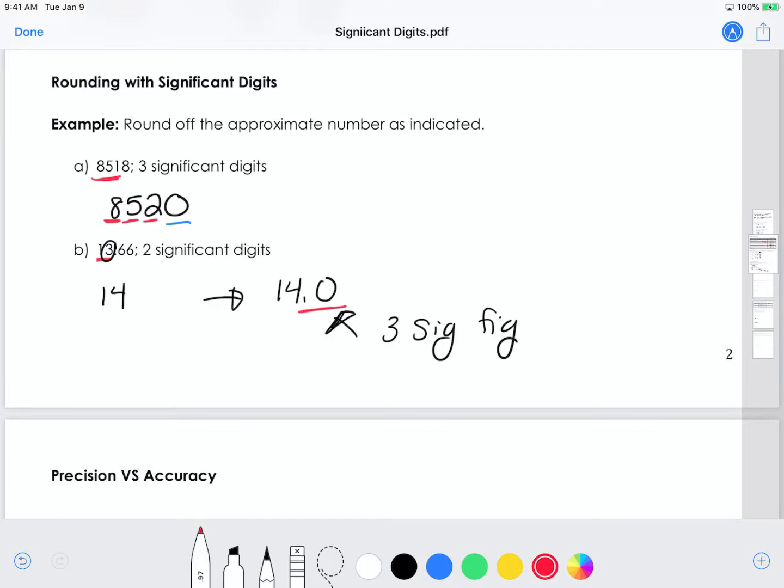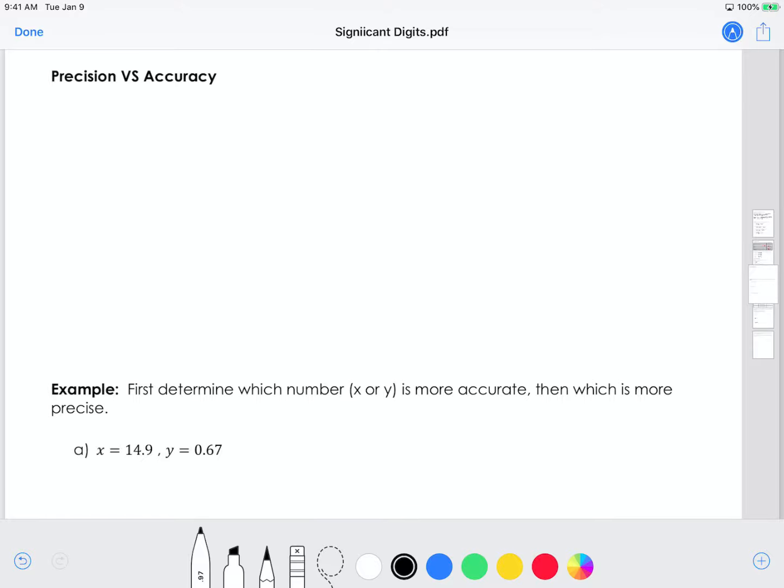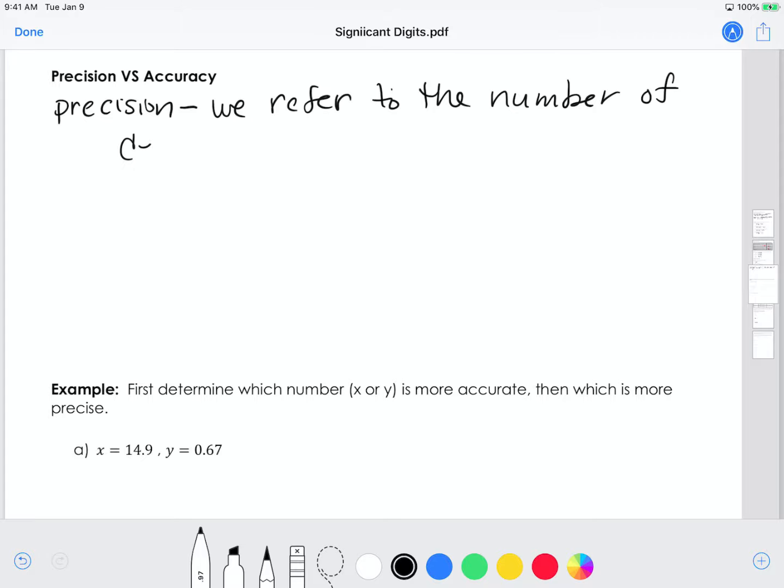Okay, so now we're going to talk about precision versus accuracy. When we talk about precision, we refer to the number of decimal values. And so the more decimal values you have to the right of the decimal, the more precise your number will be.